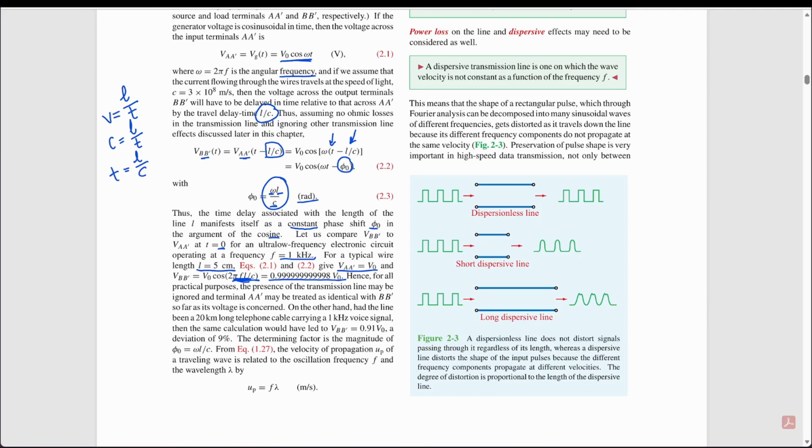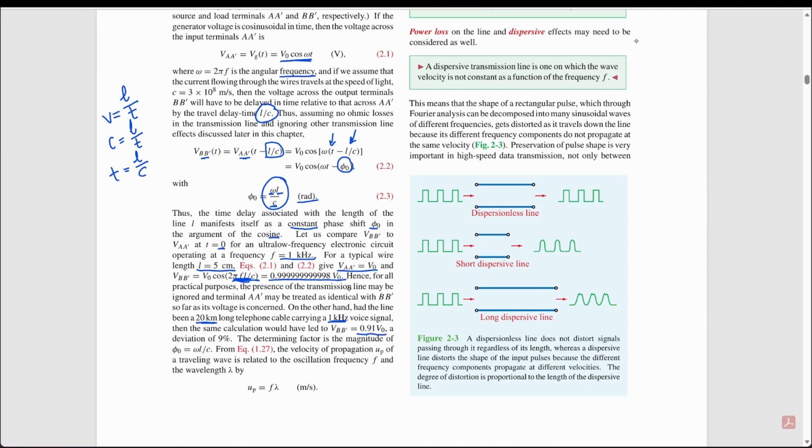So the estimation just works. Hence, for all practical purposes, the presence of the transmission line may be ignored, and terminal A may be treated as identical with terminal B, so far as its voltage is concerned. On the other hand, had the line been 20 kilometers long, way longer than before, using the same frequency, the same calculation would have led to VB equals 0.91 V naught.